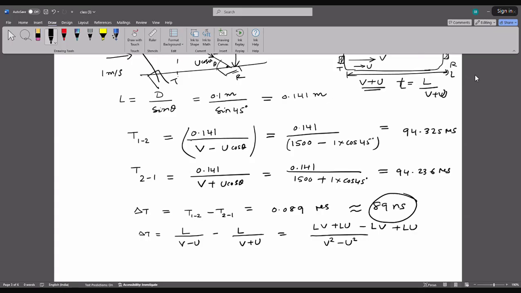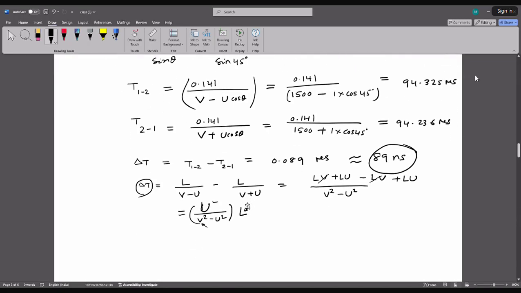Here the LV gets cancelled, so you have 2 U L divided by V square minus U square. So if you know the delta T, the velocity of sound and L, you can find U.